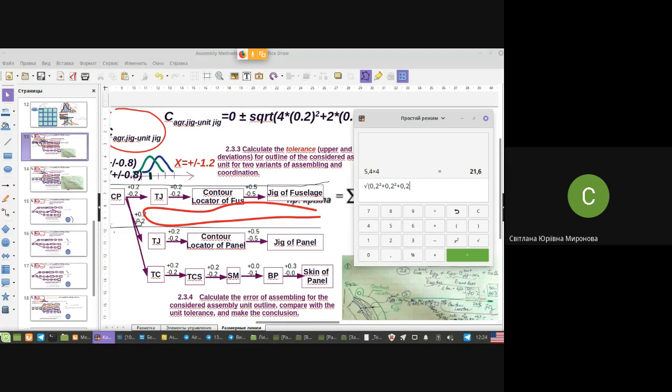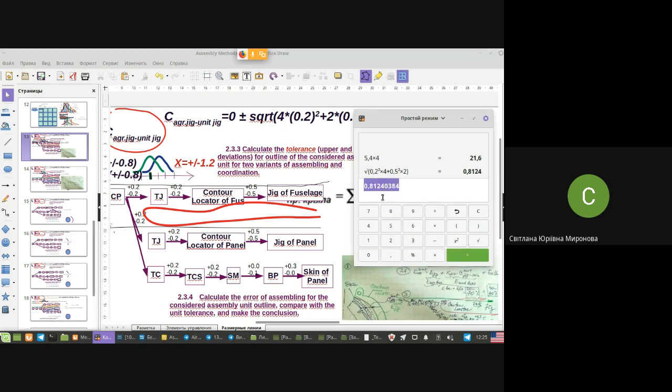Actually, 4 times. So instead of this record, we may write multiply by 4. 1, 2, 3, 4, as you might see. Plus what? Plus we have 0.5. How many times? Here and there, 2 times. Let's close it, equal to.